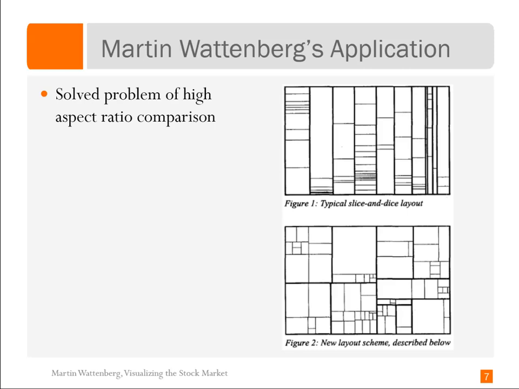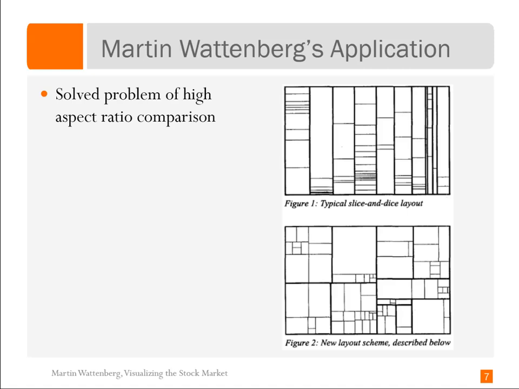If we look at figure 1, the typical slice and dice layout, we see lots of different file or folder sizes. They're all stacked there, but they don't necessarily have a rhyme or reason to them. You can compare them, but it's a little bit difficult to compare them.